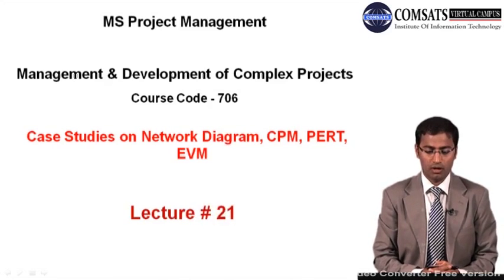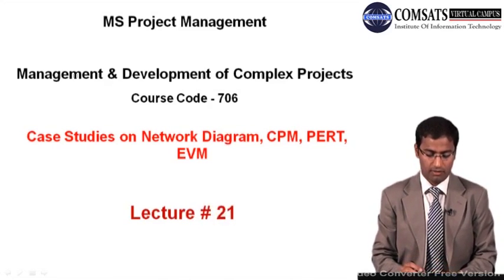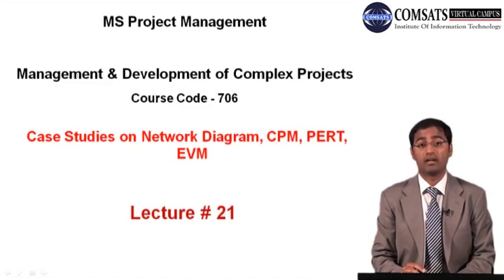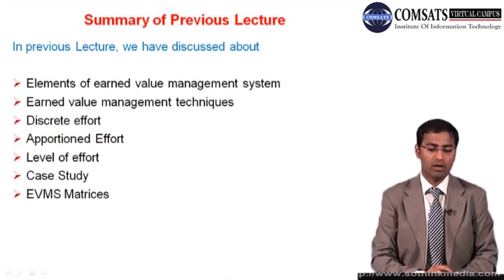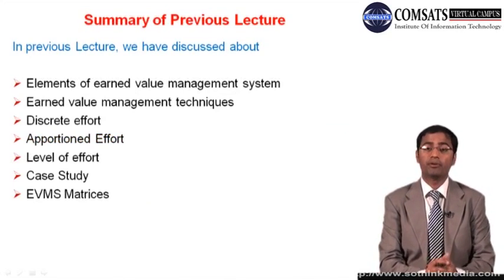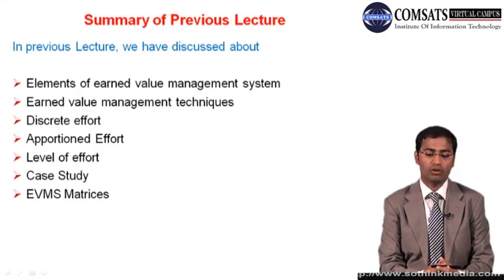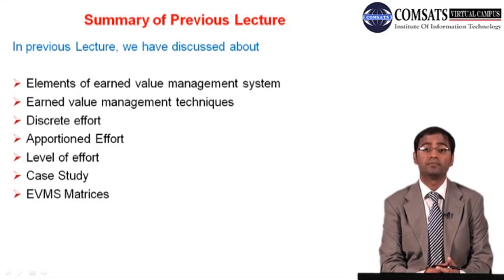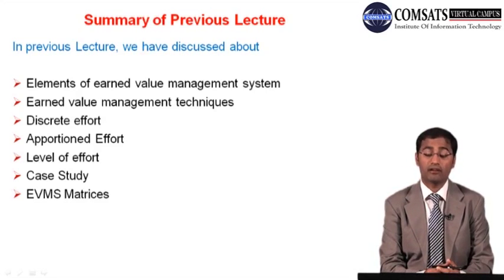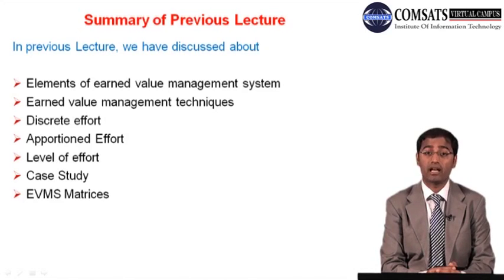Okay, so let's start with the summary of what we discussed the other day. In the previous lecture we were talking about the elements of the earned value management system: planned value, earned value and actual cost are the 3 primary elements, and then the 4th one is derived from the planned value part of the PMB.